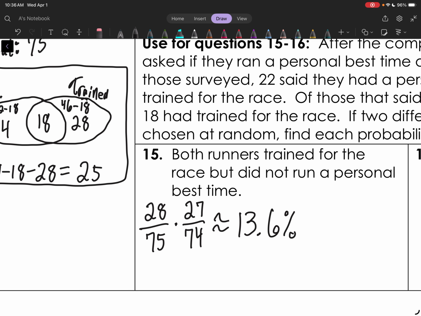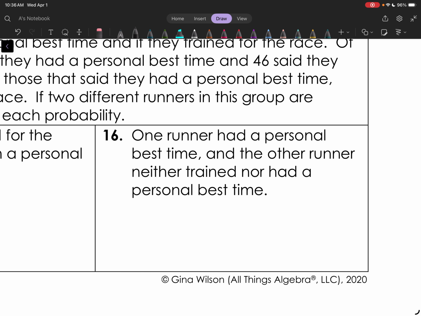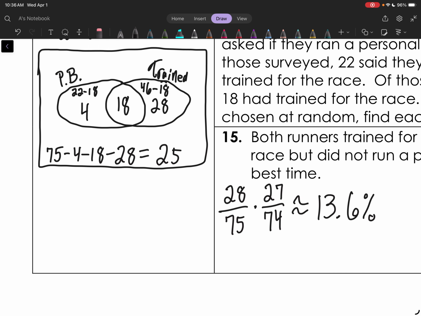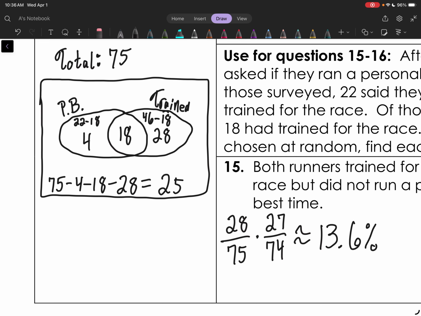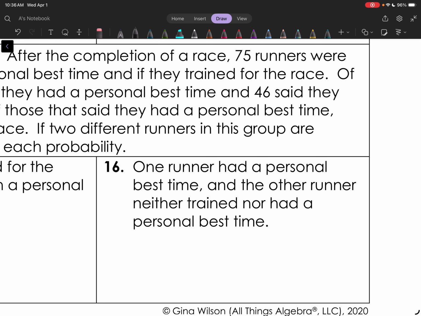Okay. So what is the probability? First, we choose a runner that had a personal best time. The people who had a personal best total is the 4 with just personal best plus the 18 in trained, so 22, out of my 75 people.